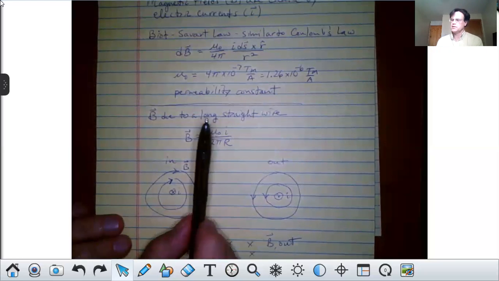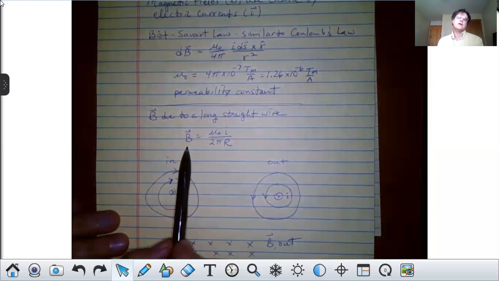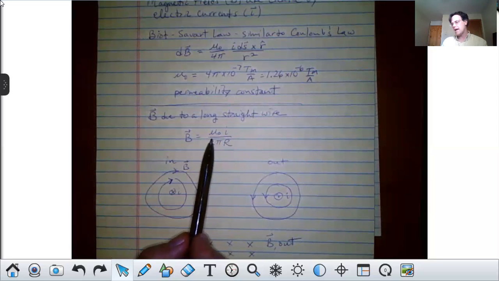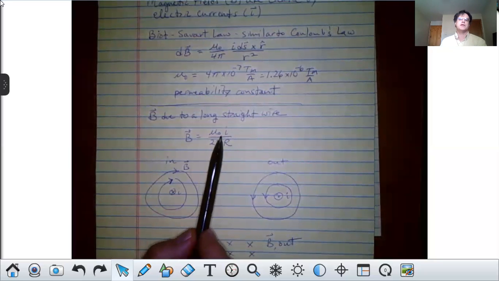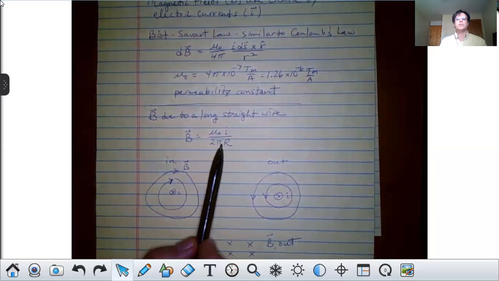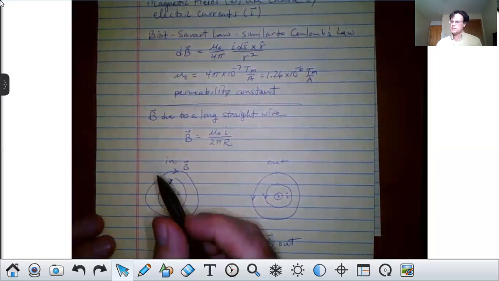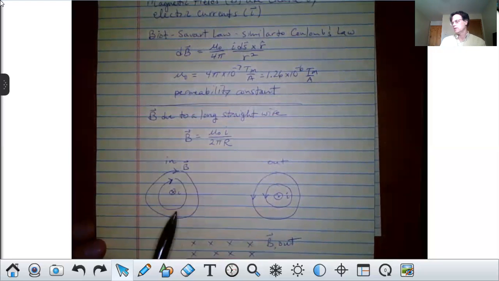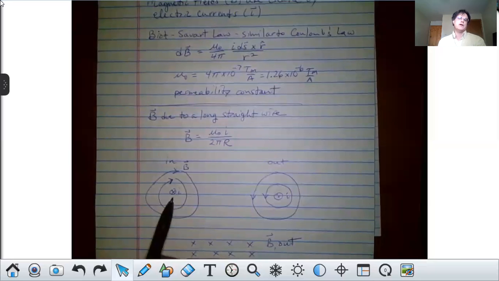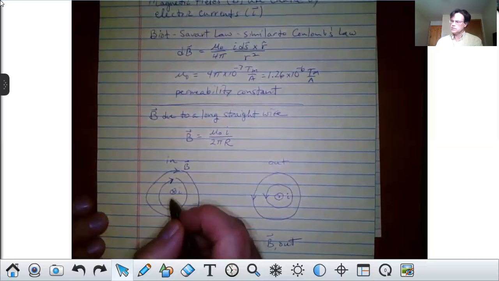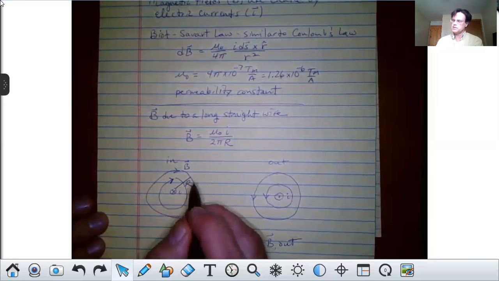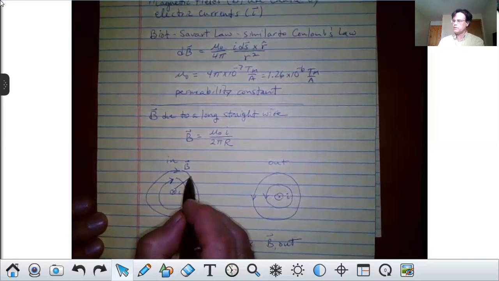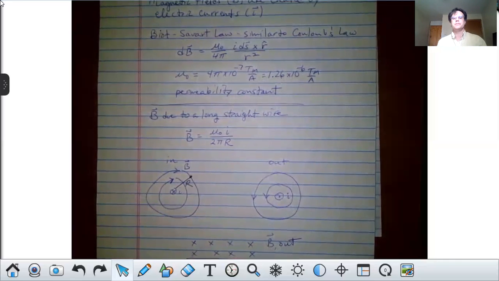But in that case, it turns out the Biot-Savart law gives this formula for the magnetic field magnitude, the mu zero constant times the current over 2 pi r. Now r is the distance from the current perpendicular to the wire. So in this situation on the left here, I've got a current going into the page, denoted by the x. So the r is going to be the distance from that wire out to whatever point I want the field.